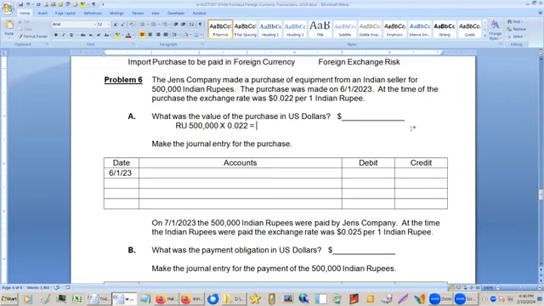Okay, so this is an $11,000 piece of equipment.